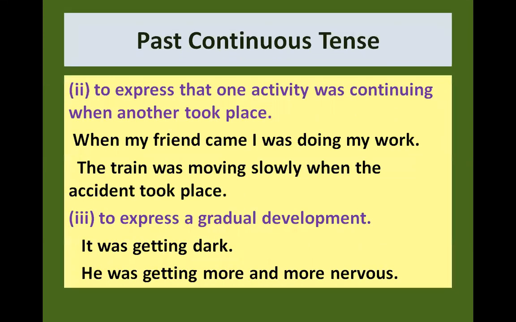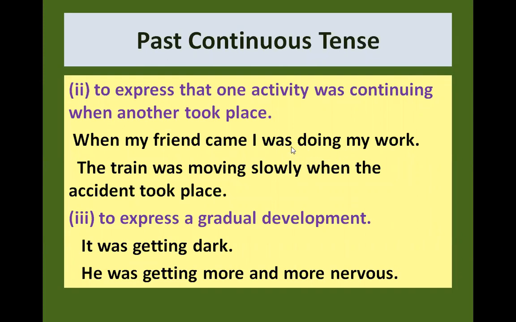To express that one activity which was continuing when another took place. अब ये क्या चीज है, जैसे when my friend came, I was doing my work. The train was moving slowly when the accident took place. That means जब दो घटनाएं एक ही साथ जिक्र हो रही हैं, तब you have to take care कि कौन सी घटना चल रही थी and then it was interrupted by some other activity.